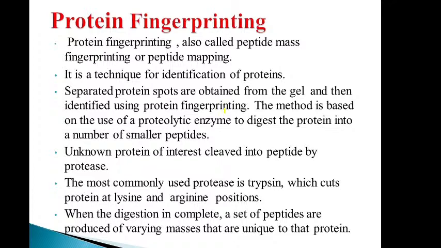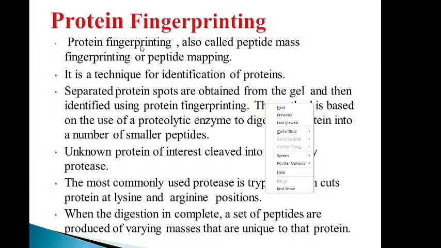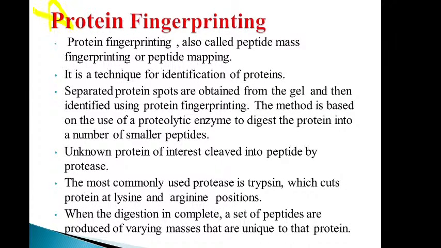Then we have another important thing which is known as protein fingerprinting. You must have heard the term DNA fingerprinting. But what is protein fingerprinting? Protein fingerprinting, also called peptide mass fingerprinting or peptide mapping, is a technique for the identification of proteins.